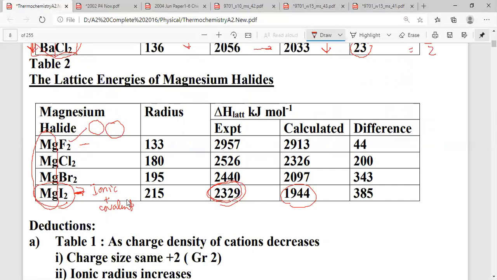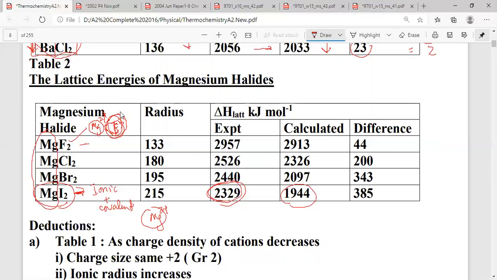Now here, all right. So Mg2 plus is here. But F minus here, because F is a very small ion, and also F is very high in electronegativity. So it will hold the electrons here tightly. So Mg2 plus, even though it's got high polarizing power, cannot attract it towards itself.